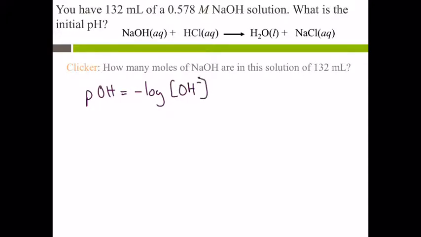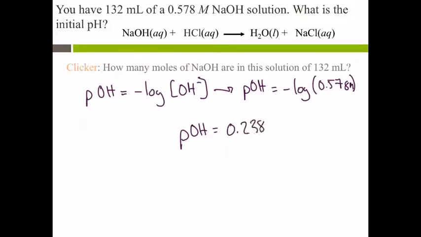And since with the first equation that we wrote out, we said that the concentration of NaOH is actually the same as the concentration of OH minus, because every one NaOH separates into one OH minus, that means we can find the pOH by taking the negative log of 0.578 molar. And if we do that, negative log of 0.578, then we find that the pOH equals 0.238.